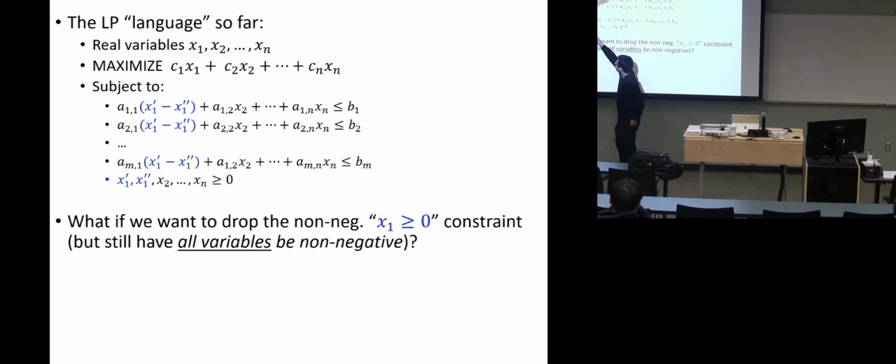Create x1 prime and x1 double prime, and replace each appearance of x1 by x1 prime minus x1 double prime. Then if your solution needs x1 to be negative, you just set x1 double prime to be positive, and it will work like x1 when x1 is negative. Okay.